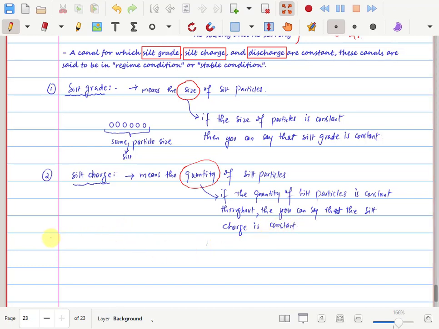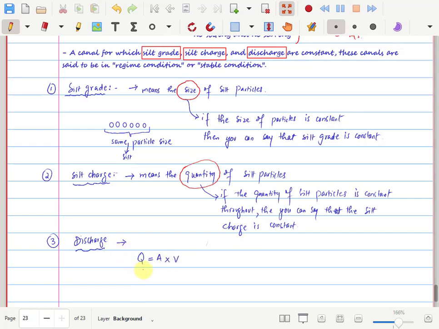Okay, the third term we used is discharge, right? What does discharge mean? We know the formula for discharge, Q is equal to area into velocity, right?